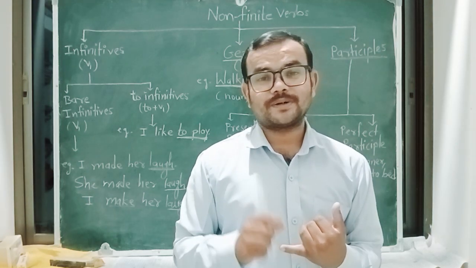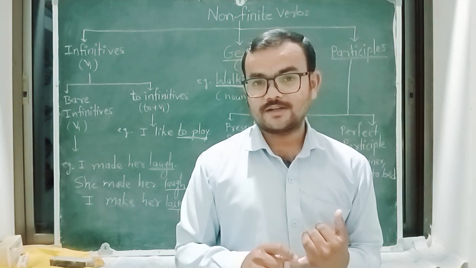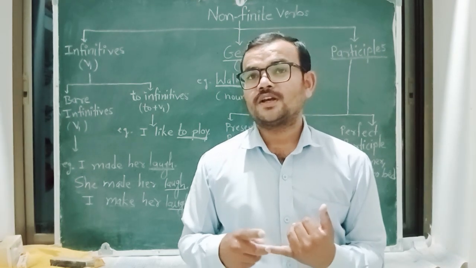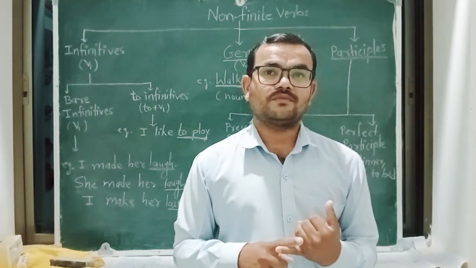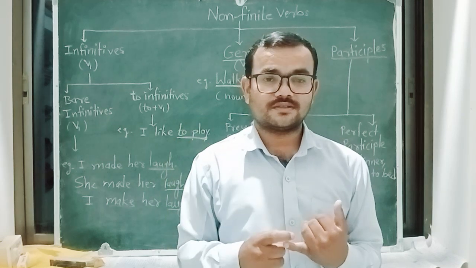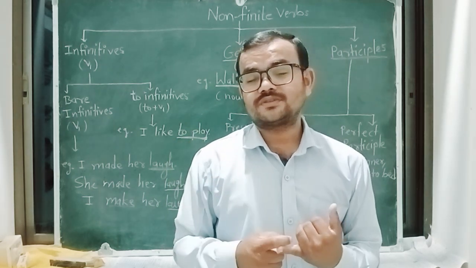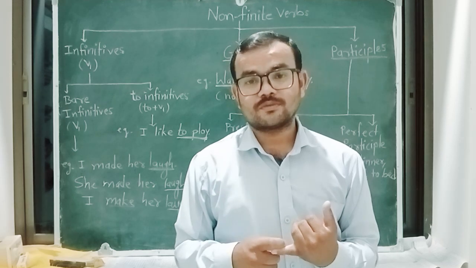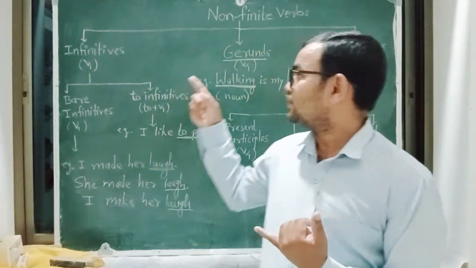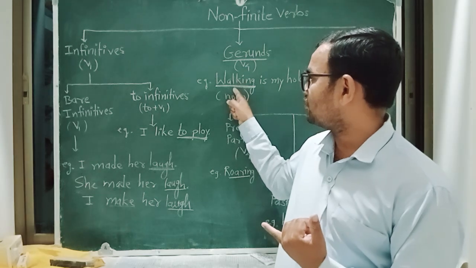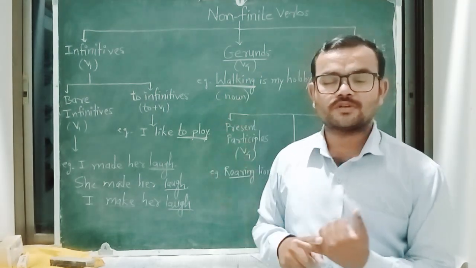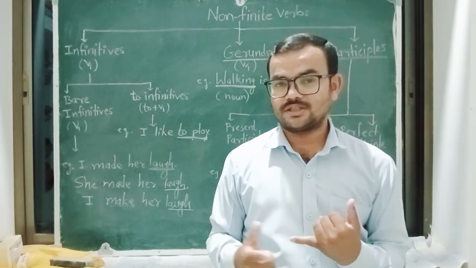Which are in the present participle form, or I will say the V4 form of the verb, right? Those verbs which are in the V4 form and which act as a noun in the sentence are called gerunds, right? So if the V4 form of the verb is acting as a noun in the sentence, then that V4 form of the verb is known as a gerund, right?